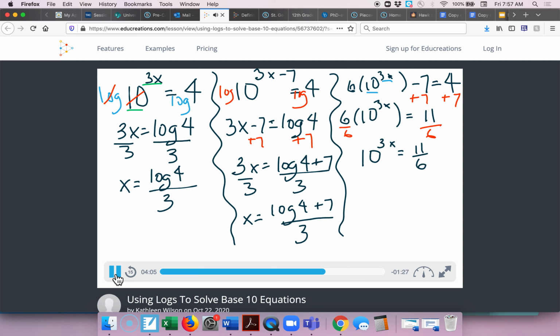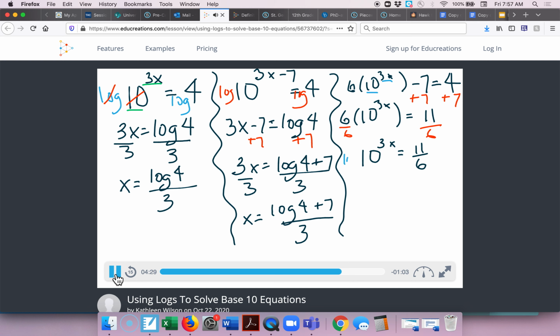Right, 11/6 is a crappy decimal, guys. It's a terrible decimal. I'm not going to divide 11 by 6 and put a terrible decimal there. I'd rather just leave it as 11/6. Even though it's improper, I have no problem with that. If it had been like 12/6, I would have changed it to 2, but it's 11/6, which is yucky. Just leave it in fraction form.